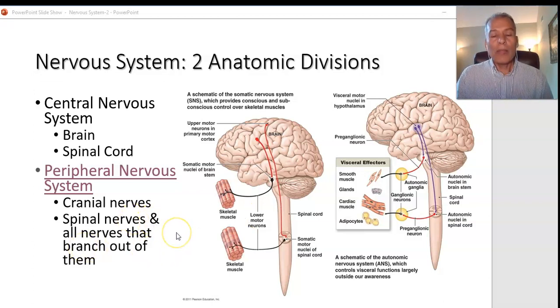So again, the cranial nerves that come out of the brainstem and the spinal nerves and all the branches coming out of them make the peripheral nervous system. So this is the anatomic division, notice two anatomic divisions of the human nervous system.